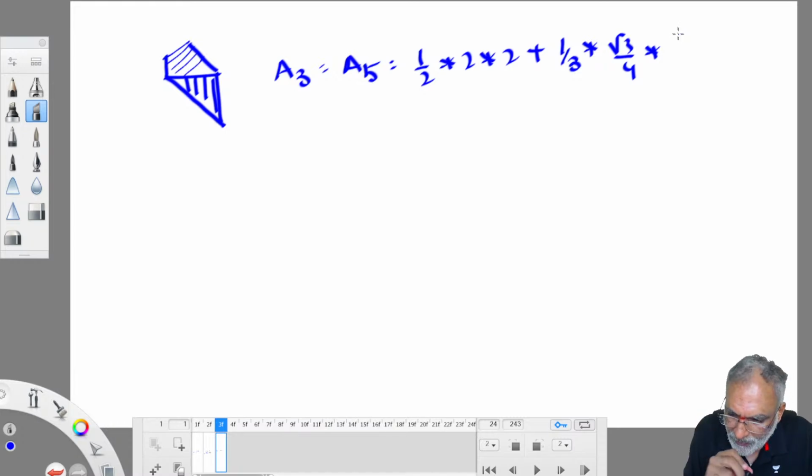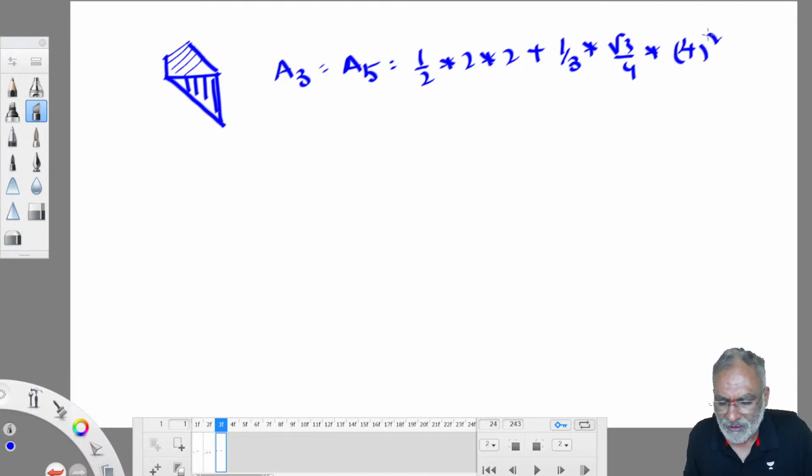When you draw perpendicular bisectors by placing rain gauges on the periphery, they share equal area. 1/3 of root 3 by 4 A square. A square is 4 square. Come on, work out that value. How much is it?